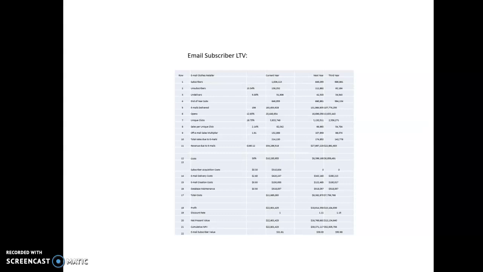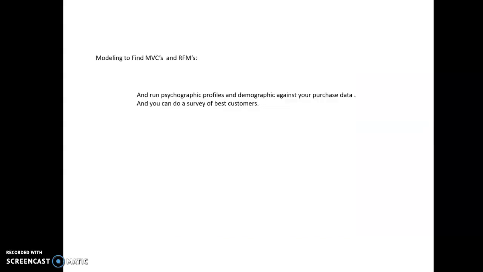The second year has a discount rate, and the third year has a bigger discount rate because of the time value of money. Something you're getting in 3 years is worth less than getting it today. You've got your net present value, and anyway, you get the email subscriber value, and you get some idea of the kind of calculations being made here.